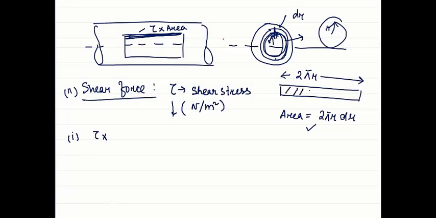That is twice pi r dr. This area for how much length? This area for delta x length, right? Whatever we have calculated, twice pi r dr is for this portion length, only one part, but we have to consider it for the whole part, because the shear force will be acting along the whole length of delta x.